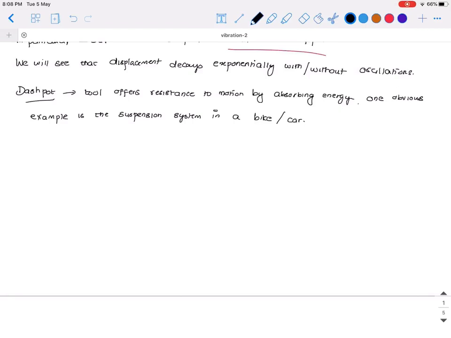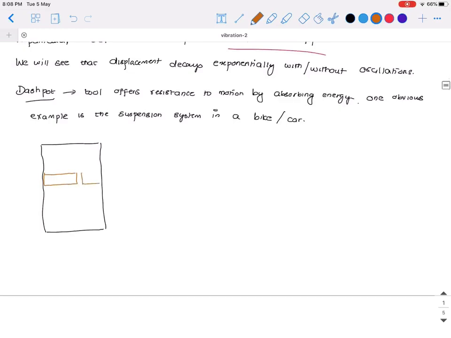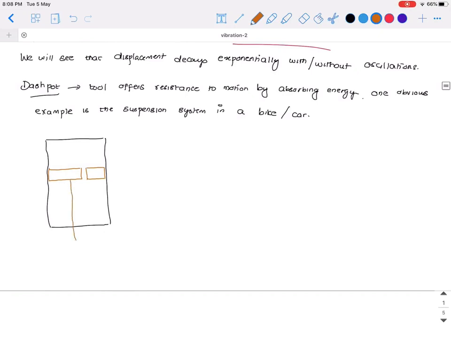Okay, so in general it has a piston-cylinder arrangement.